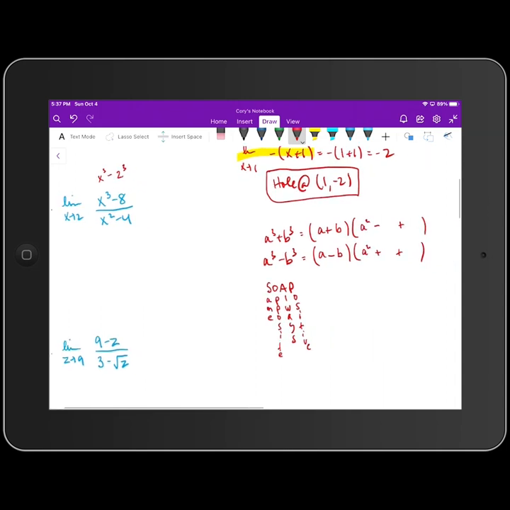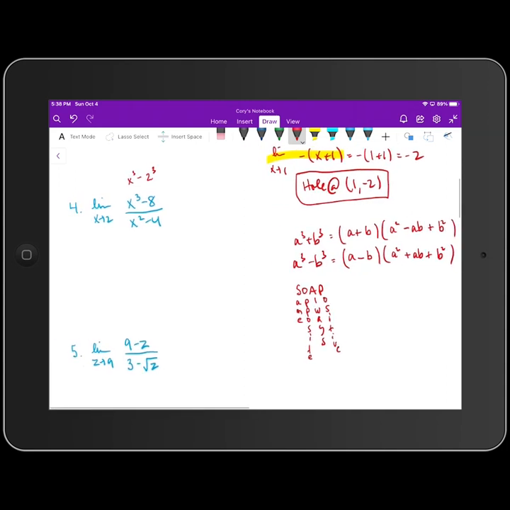The middle term is going to be a times b. And the last term is going to be b squared. Okay, so again, the sum and difference of cubes factor using the same process. We are just using the acronym to give us our signs.